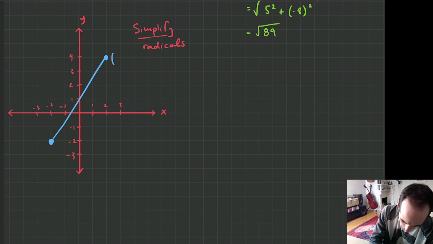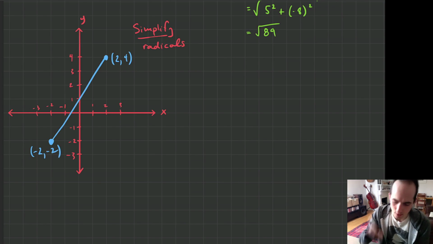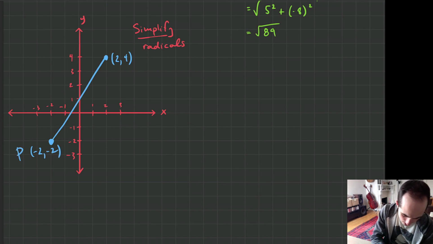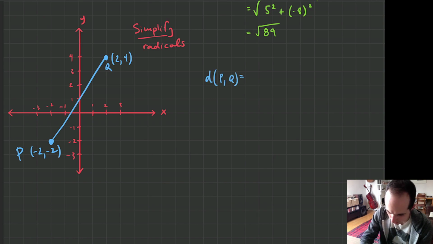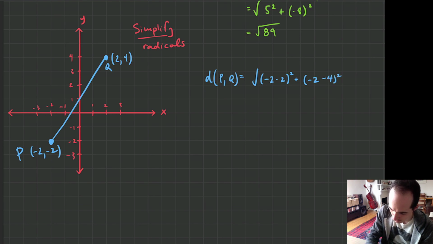So this is the point 2, 4, and this is the point -2, -2. So I'm going to say that this is the point P, and this is the point Q. So I've got P, -2, -2, and Q, 2, 4. So the distance between P and Q is equal to the square root of, well, I'm going to do -2 minus 2 squared plus -2 minus 4 squared.